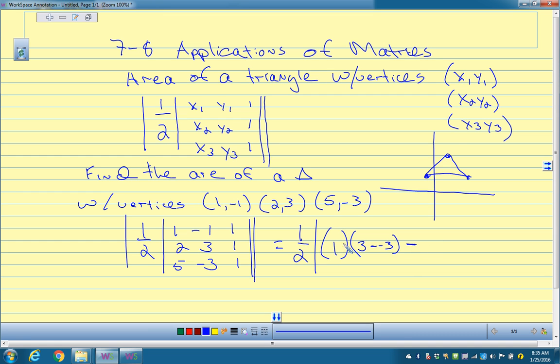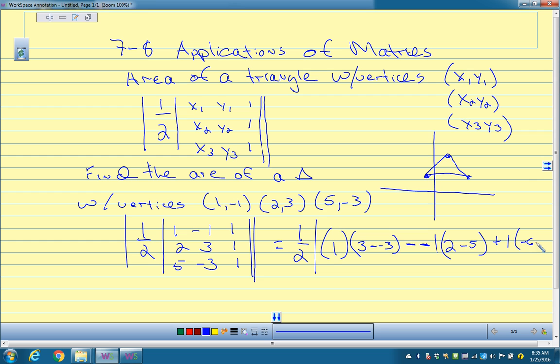Then it goes minus, but it's -1, so it'll be minus 1 times this determinant, 2, 1, 5, 1, which gives you 2 minus 5. And then plus 1 times, cross out this and this, 2 times -3 is -6 minus 15.